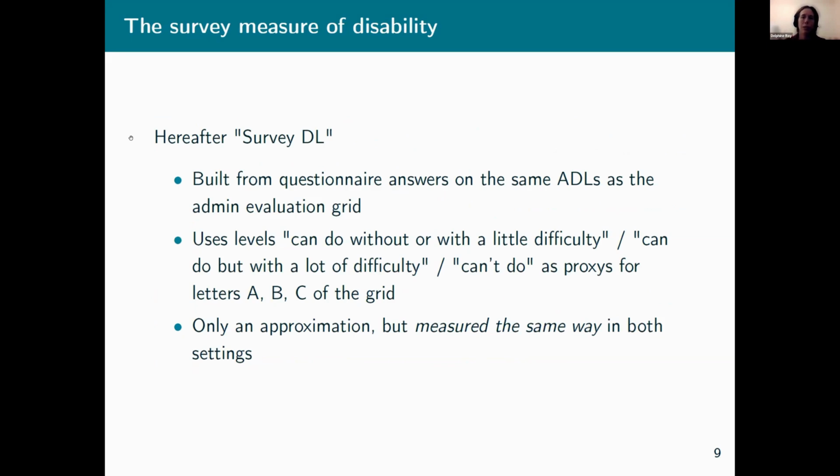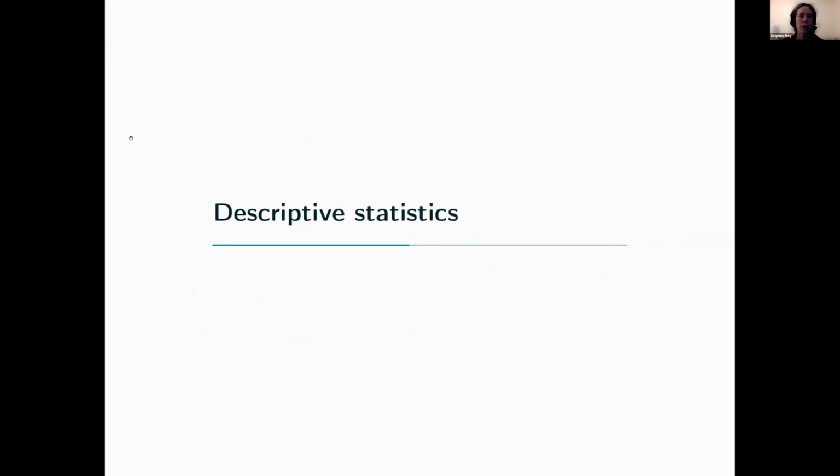It's built from the same ADLs as the administrative evaluation grid. And I have to make an equivalent from the levels of difficulty to match the can or can't do of the official grid. So it's only an approximation, but the point is that it's measured the same way in both settings. So what does this give us?